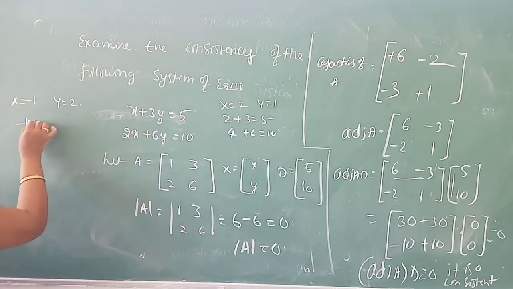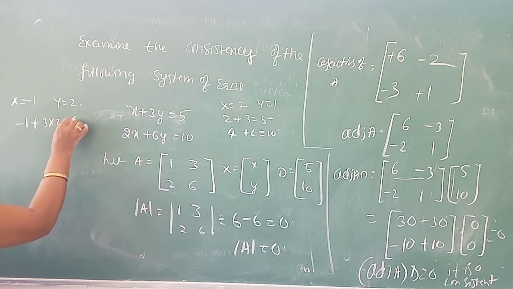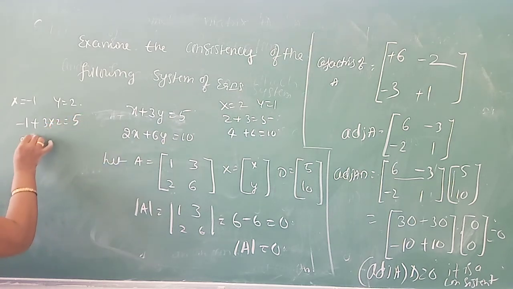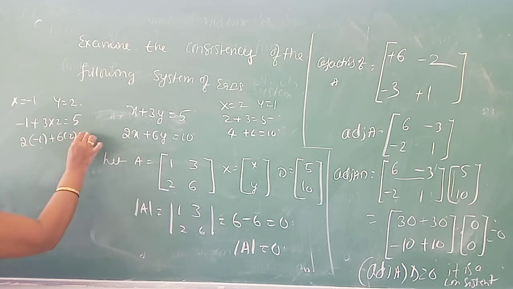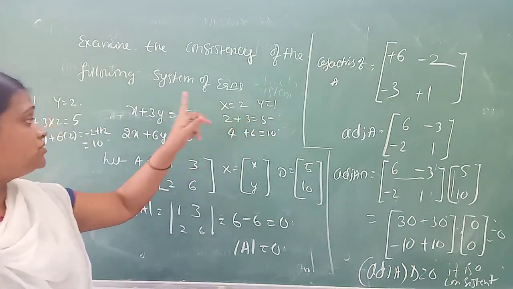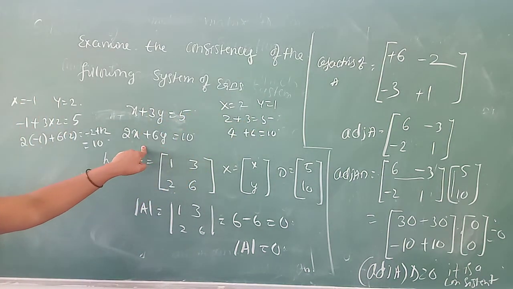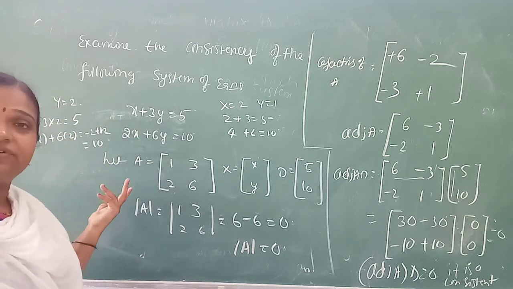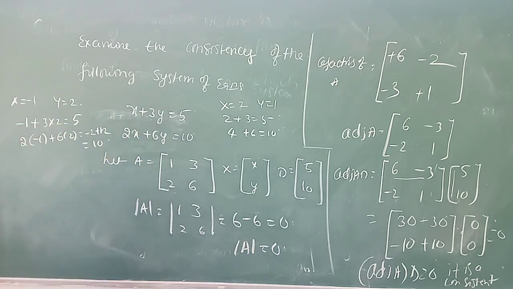Minus 1 plus 3 into 2, we get 5. Next, 2 into minus 1 plus 6 into 2, we get minus 2 plus 12, which is 10. So this is also a solution of this equation. You can take another one, which is also a solution.